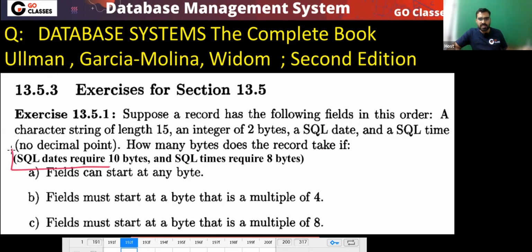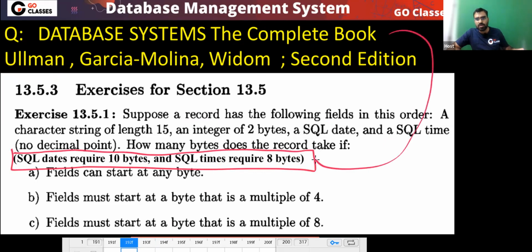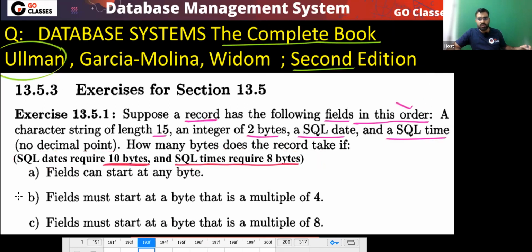If you check this question in the book, it is not given in the question, but it is given in the book. Anyway, I have written here that SQL date has 10 bytes and SQL time requires 8 bytes.